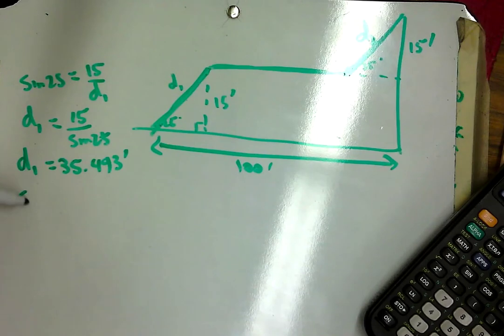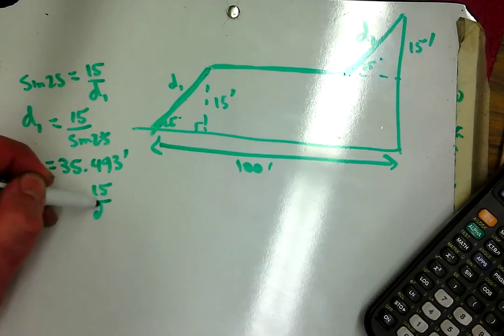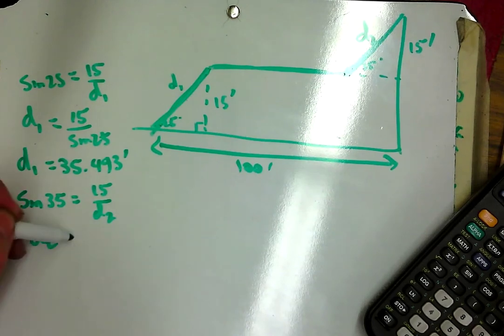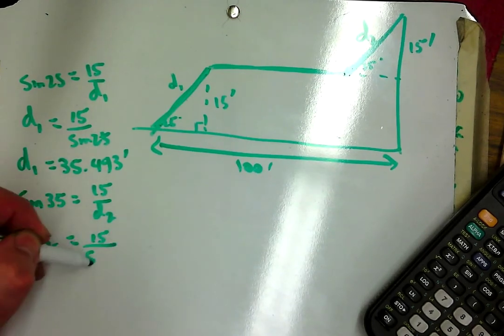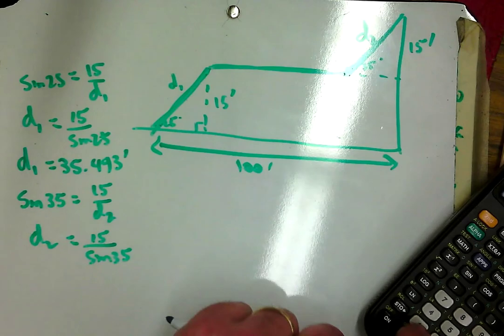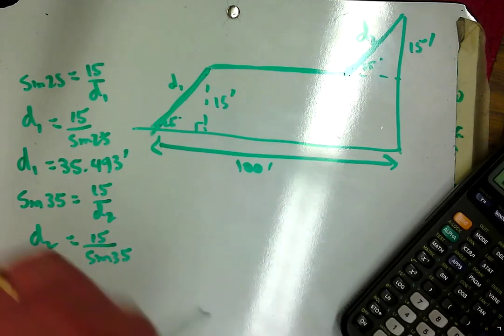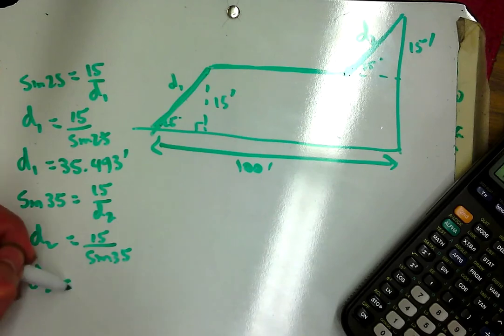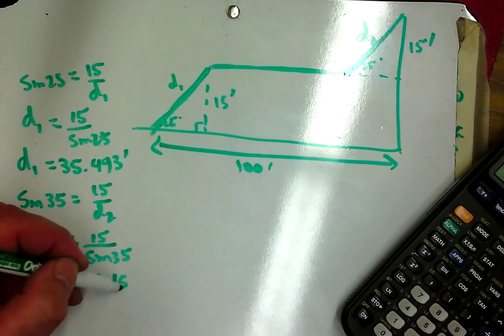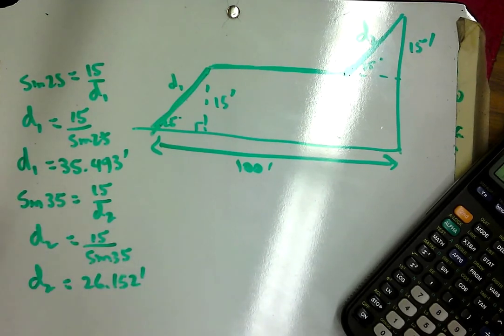Now, what about D2? Well, I can do the same thing and say sine of 35 equals 15 over D2, where D2 equals 15 over sine 35. 15 divided by sine 35, and I get D2 is 26.152 feet. But that's not the whole ride.